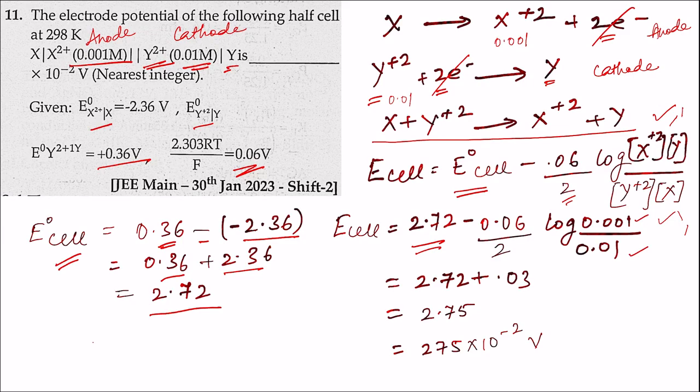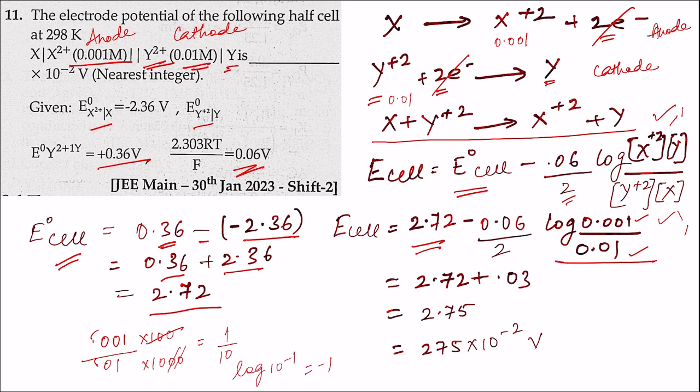Now 0.001 divided by 0.01. Removing the decimal, this will be into 100, this is into 1000, and 100 cancels and you get 1 by 10. So this will be log 10 to the power minus 1, which is equal to minus 1.